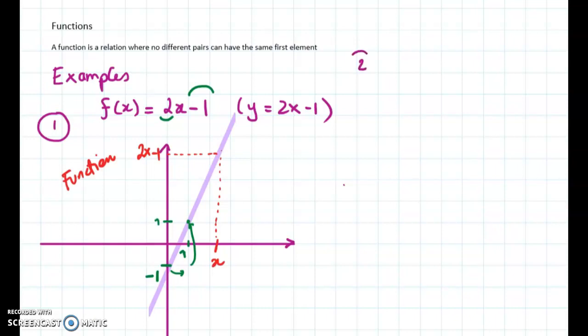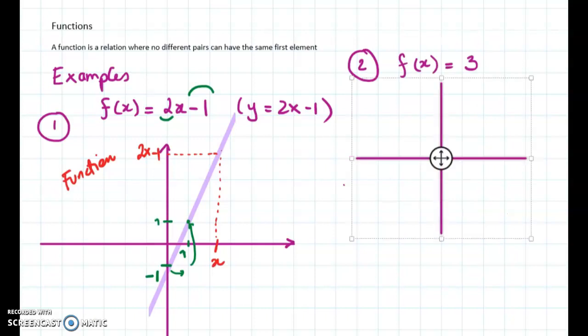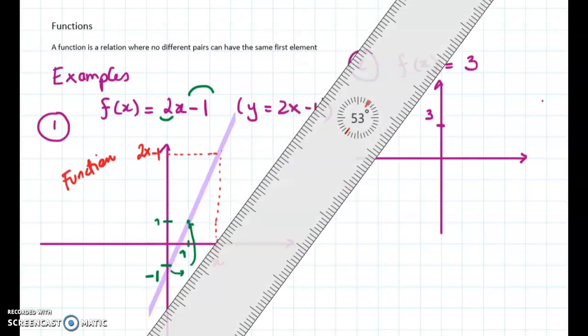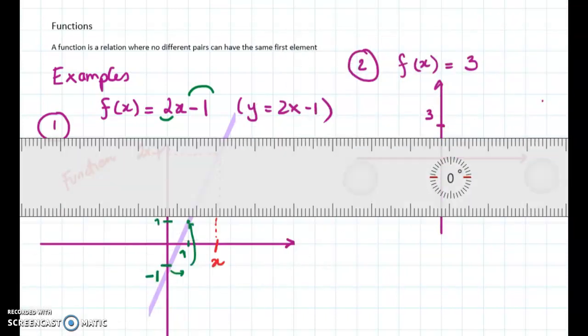Next example, I'm going to also consider a line. I'm going to consider the line f of x is equal to 3. So let's sketch this line now. Well, the y-intercept is 3. So let's say it's over here. That's the point of the line. And then we don't have any term with x, which means the gradient is 0. So actually the slope is 0. So over here we are talking about a horizontal line.